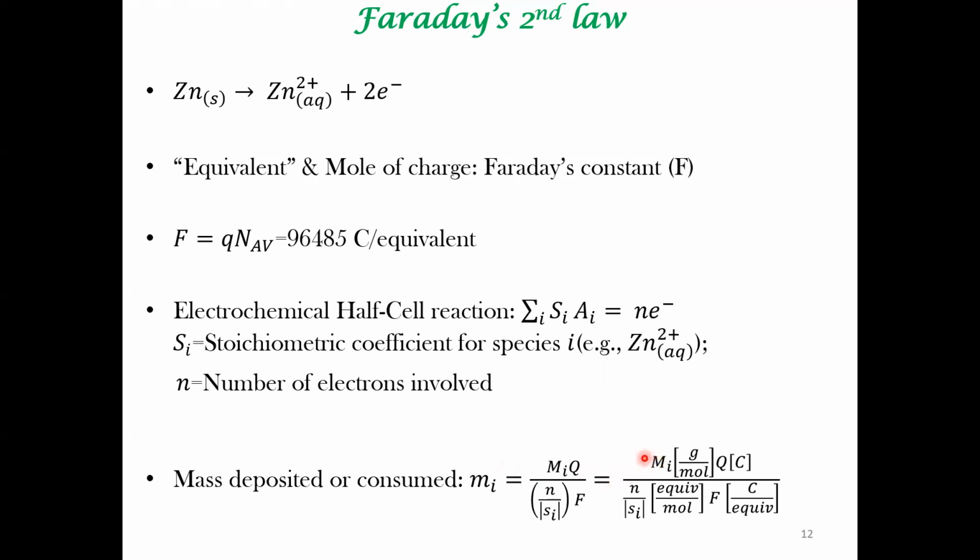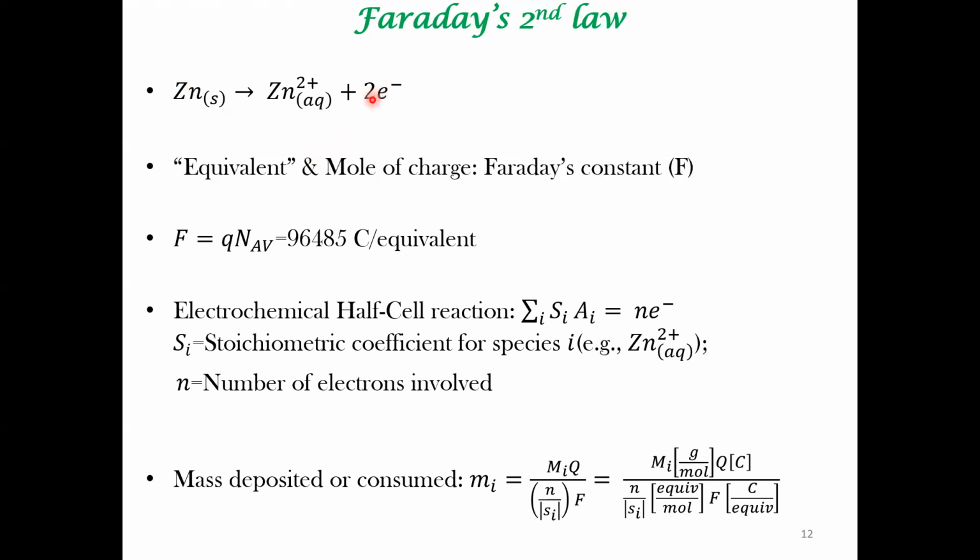It is dependent upon the molar mass, that is the molecular weight of the material, gram per mole, that is the unit. Of course, it depends upon the charge. It does depend upon the stoichiometric coefficient, in this case 1. What is crucial is that for different materials, different amounts of charge are required for getting just 1 mole of material.